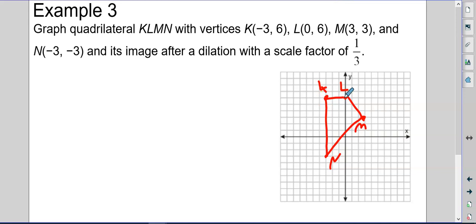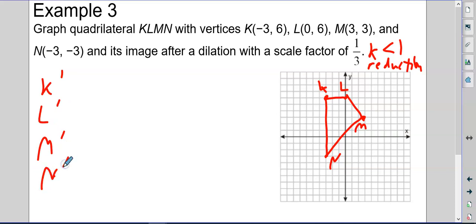Okay. Now, look at my scale factor. K is less than 1, so this is going to be a reduction. So I'm going to multiply everything by 1/3, or basically divide by 3. So I'm going to have K prime, L prime, M prime, and N prime.